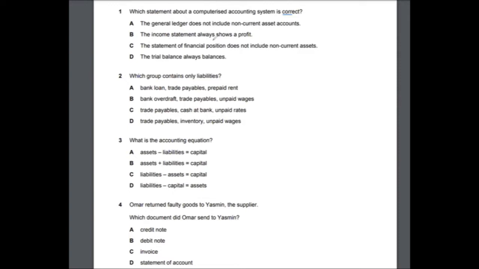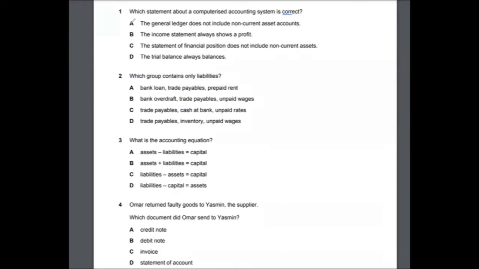Option B, the income statement always shows profit. That is again incorrect because the income statement can show a loss, even if it's computerized, right? Your profit is not bound by the computer. Option C, the statement of financial position does not include non-current assets.